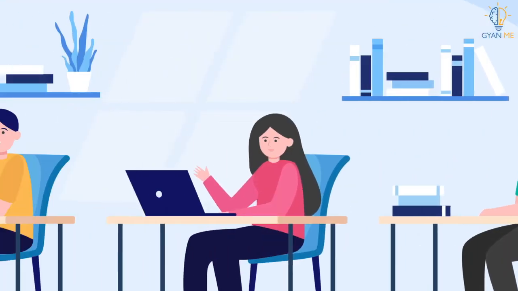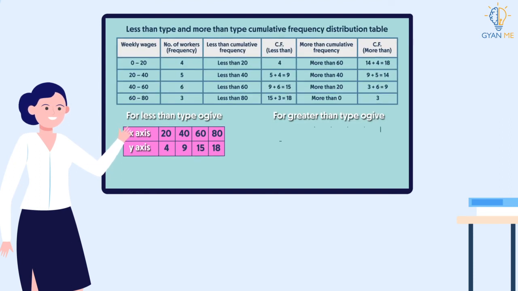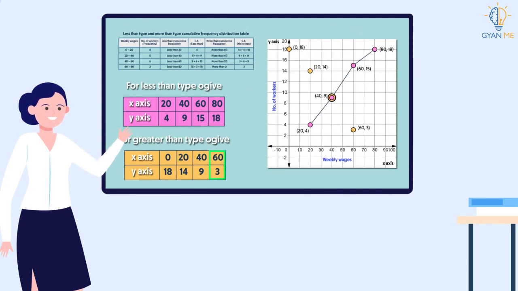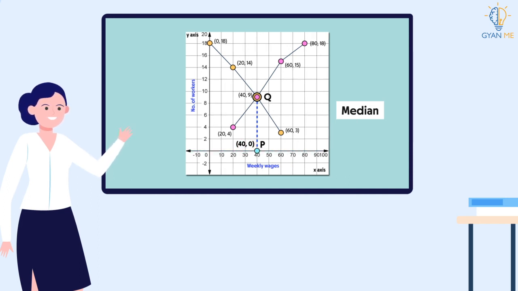So students, what we learned is how to draw more than type and less than type cumulative frequency table and how to obtain its ogive. We also learn how to find median of the data from both these ogives together and single ogive as well. But as we know that drawing graphs is time consuming and tedious work.